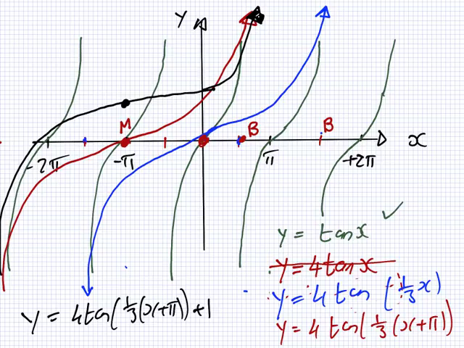So I want to graph this from minus 2 pi to 2 pi. Yeah. That's what I was drawing here.